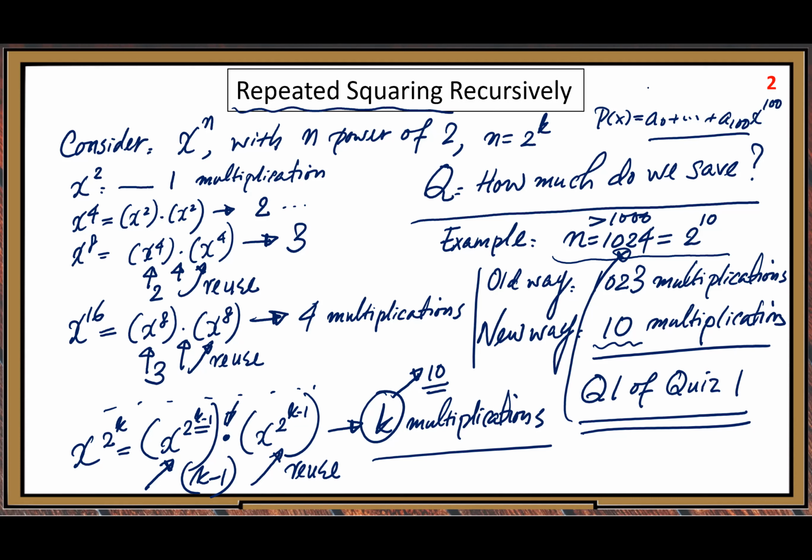That degree is only 100, much lower than 1000, but this polynomial needs 100 multiplications, while here you only need 10. Can you compare? Consider this example.